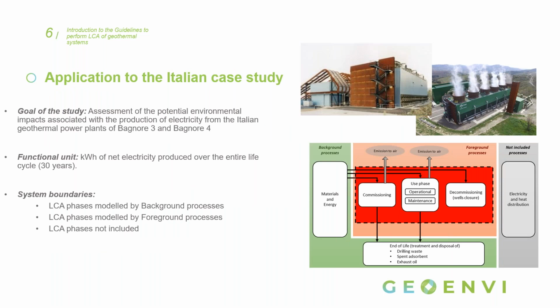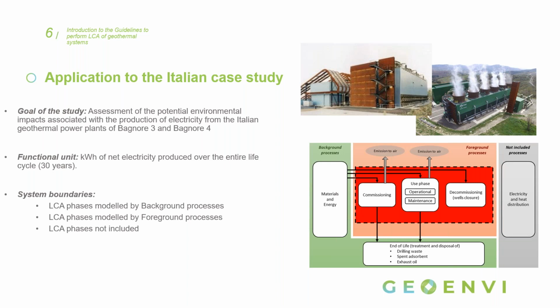The application of these methodological issues to the Italian case studies, for which the goal of the study was set to be the assessment of the potential environmental impact associated with the production of only electricity from the Italian geothermal power plants of Bagnoli 3 and 4.